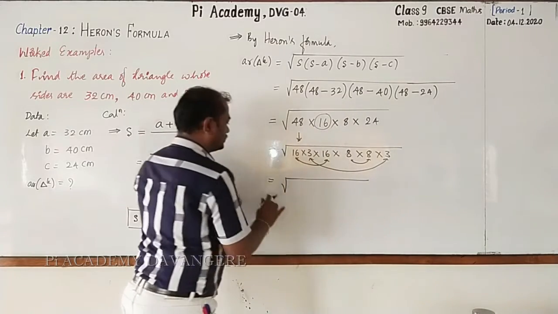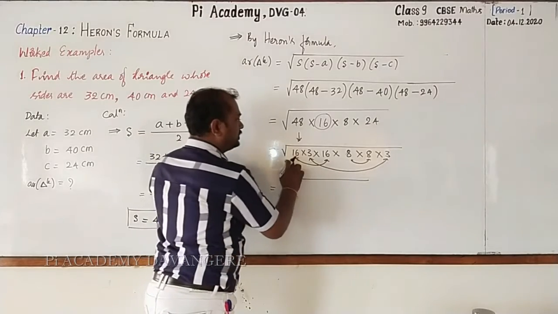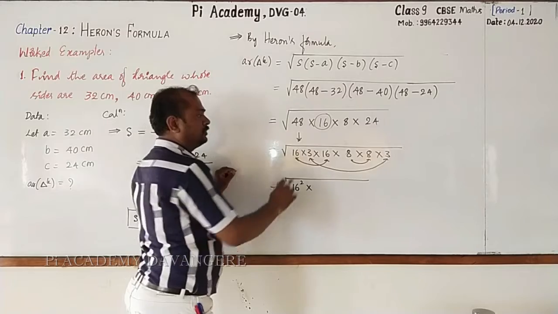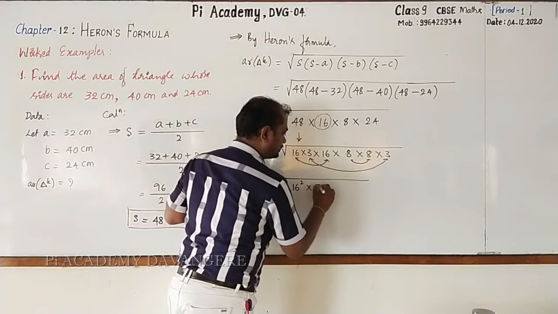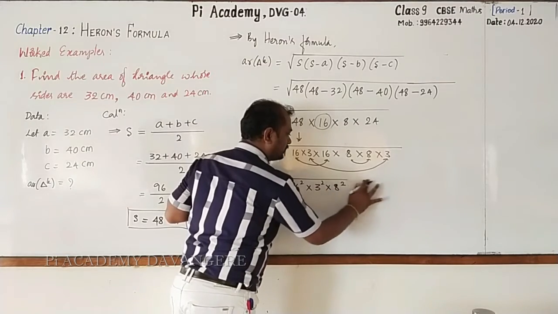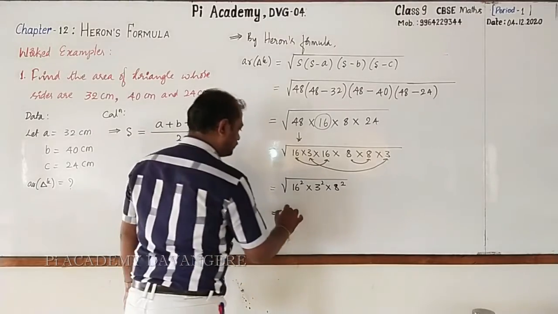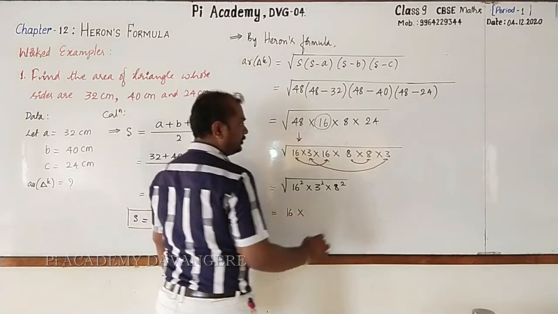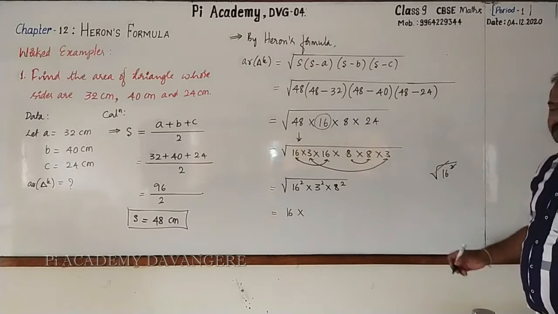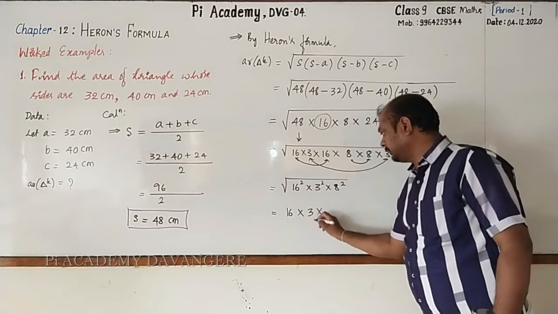It can be written as square root of, you may write it directly, but I am extending it to one more step. 16 into 16, it is 16 square, into 3 into 3, this is 3 square. Next 8 into 8, 8 square, which is equal to, what is square root of 16 square? Very good, it is 16, because root and square, they get cancelled. Similarly for these also, square root of 3 square, 3.